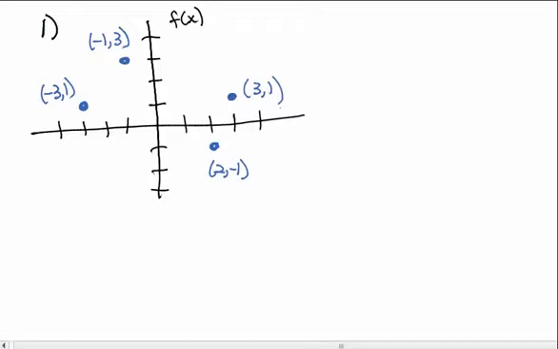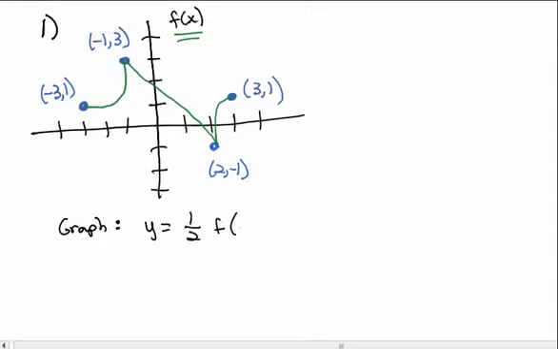And the way we're going to connect this graph is kind of with a quarter circle looking thing. Then we're going to do a straight line, and then we're going to do kind of an upside down quarter circle. That is the function f of x. We're going to attempt to graph the function y equals 1/2 f of 2x plus 3, minus 1.